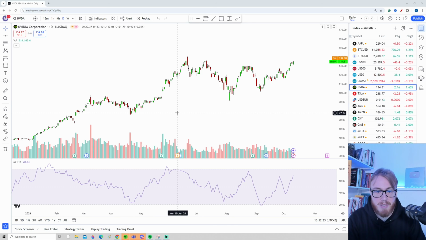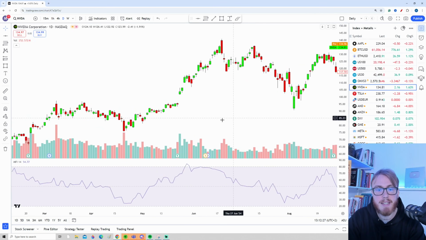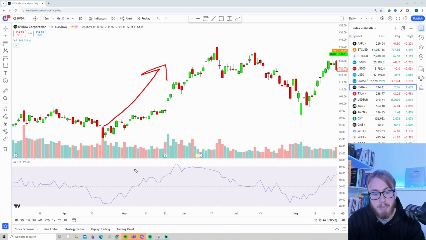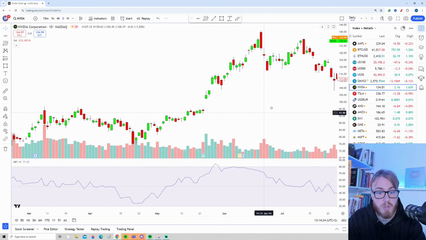But to be more precise here, the money flow index is an indicator that combines two things. It combines price and volume. So the money flow index tends to move in the same direction as the price. So for example, right here, the price is moving up. So if the price is moving up, the money flow index tends to also go up. But the money flow index also uses volume.